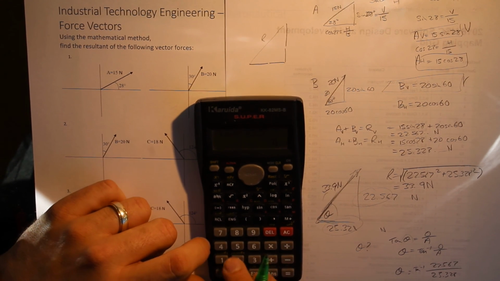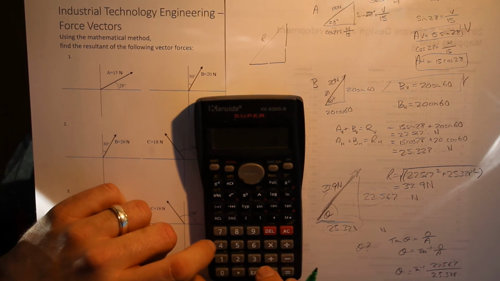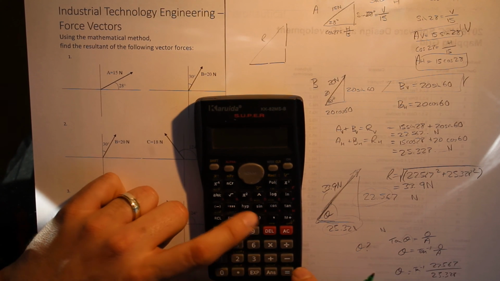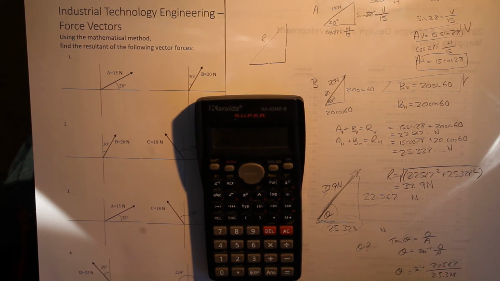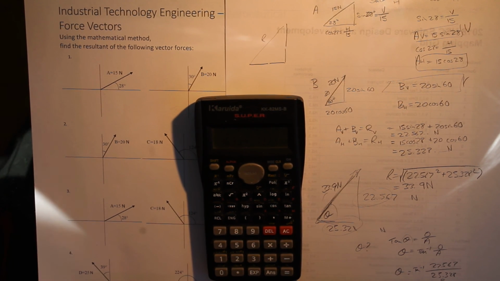I'm then going to do 22.567 over 25.328 in brackets, hit equals, and I get 46.33 degrees. Okay, and that gives me the direction of my vector. Hopefully this helps you out with the next ones.